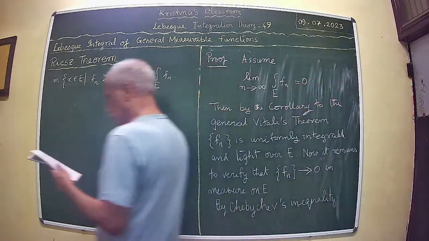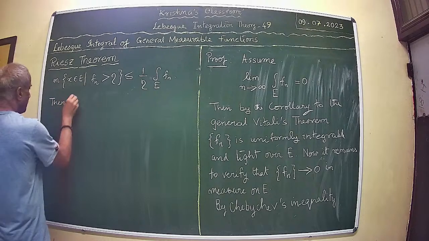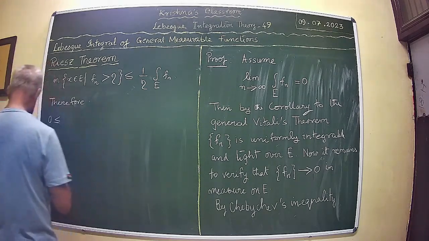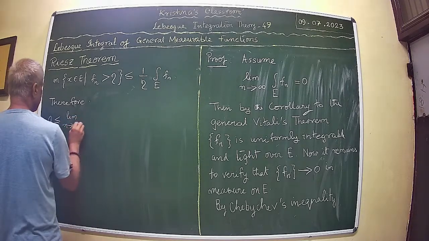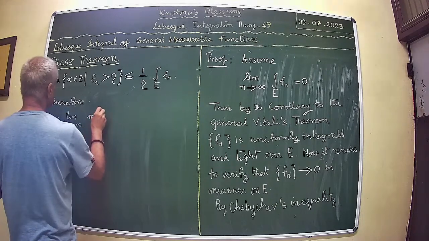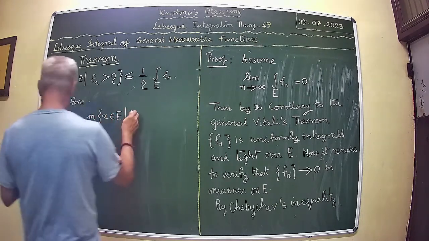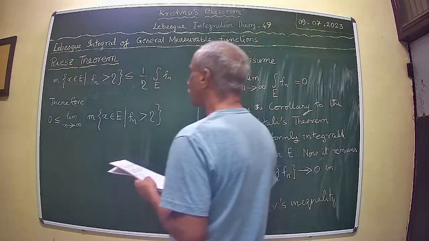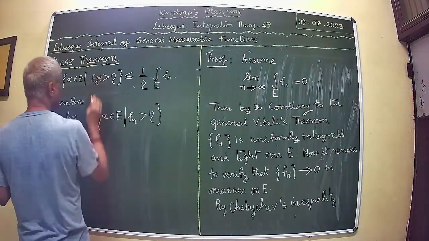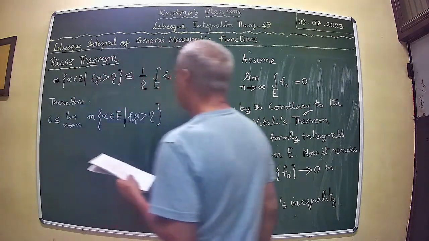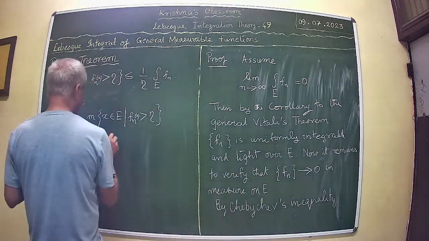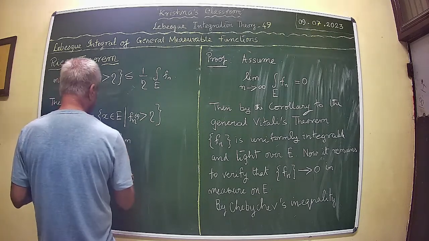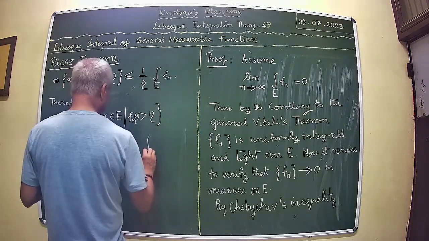Therefore, because we are working on non-negative functions anyway, the limit as n tends to infinity of the measure is less than or equal to 1 upon eta into the limit as n tends to infinity of the integral over E of Fn.